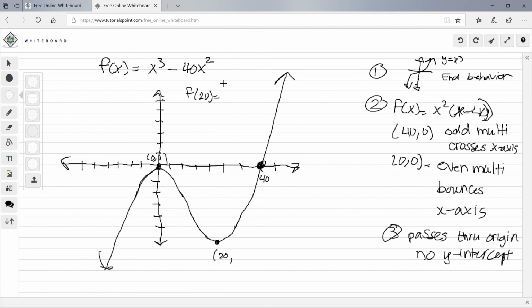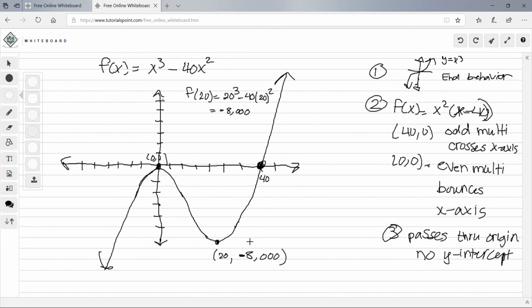If you plug in 20 for x, you get 20 cubed minus 40 times 20 squared, which gives you negative 8,000. So this point is going to be (20, negative 8,000).